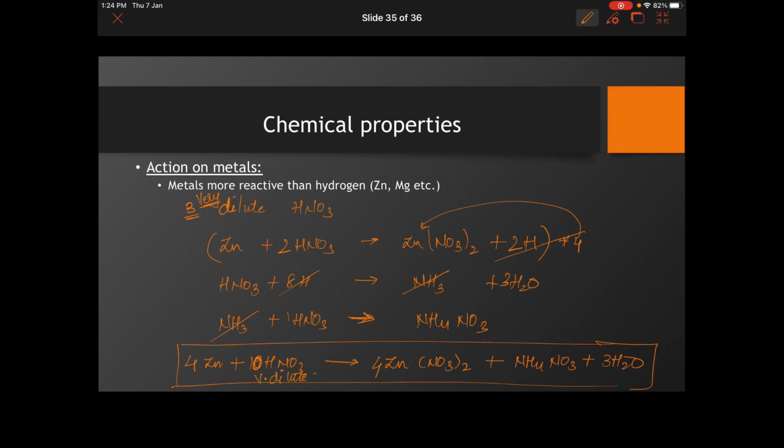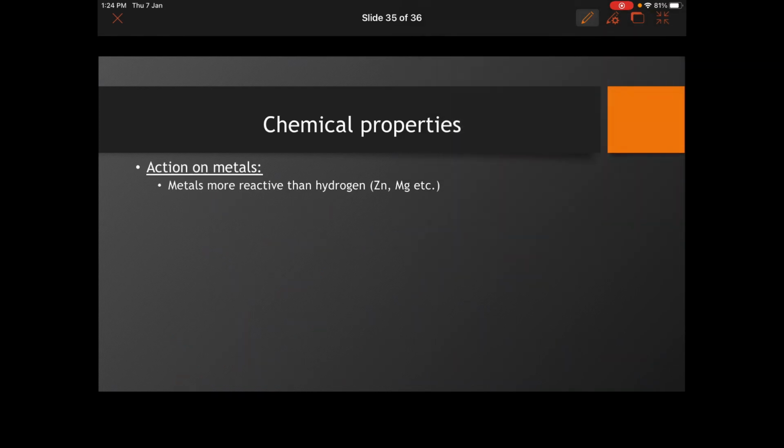So metal starts the reaction over here. Whereas in the case of less reactive metals, HNO3 will start the reaction, wherein first it will give us the reduction product and then it will react with the metal as an oxidizing agent. Perfect. So these were the three cases of metals more reactive than hydrogen.